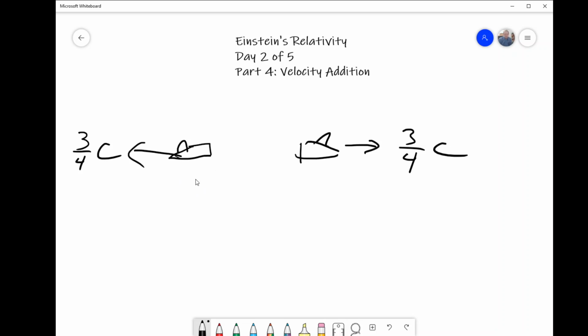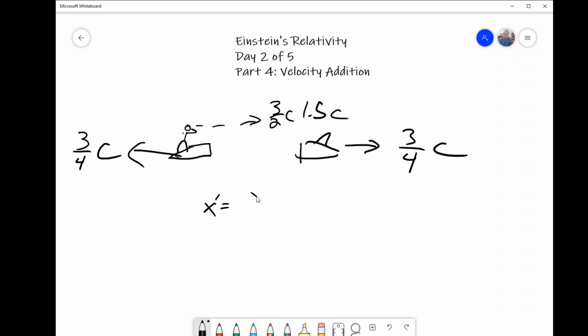Now if we add up these velocities the way Newton would have, someone on this spaceship observing the other would say it's moving away at 1.5 times the speed of light, or 3/2 times the speed of light. But there's an issue with that.